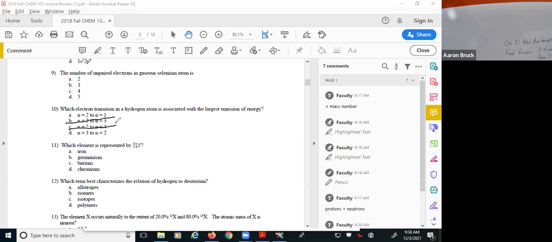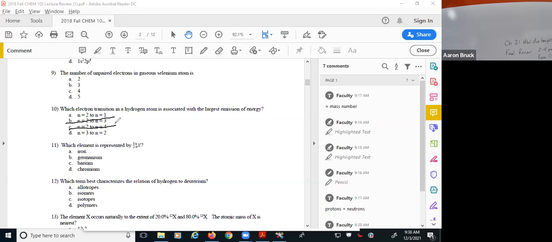Now the question is, what do we know about the energy levels? Are they equally spaced apart? No. Remember, as we get further from the nucleus, the energy levels get closer together. So the first gap, the gap between the first and the second energy levels, is the biggest.